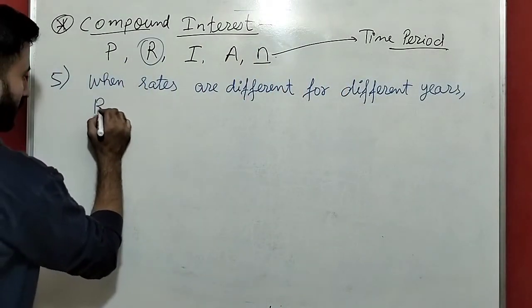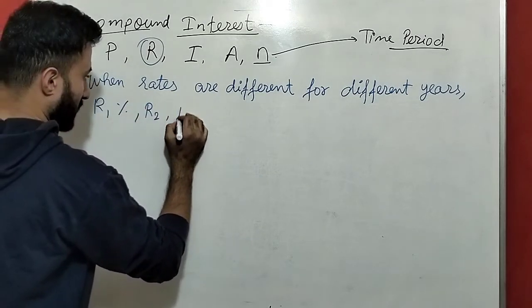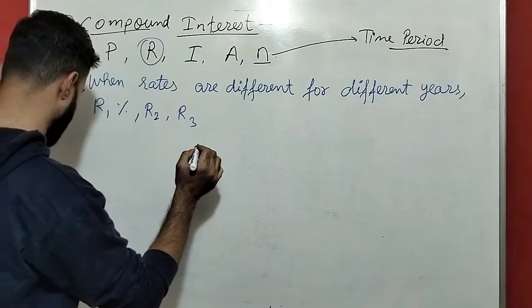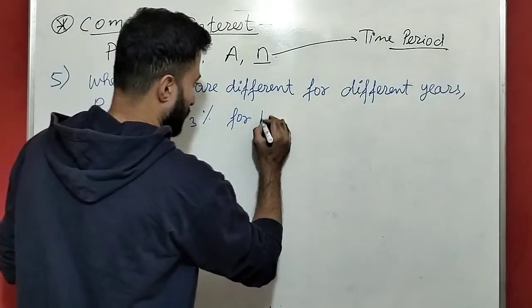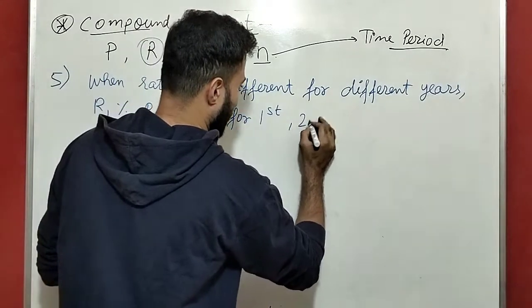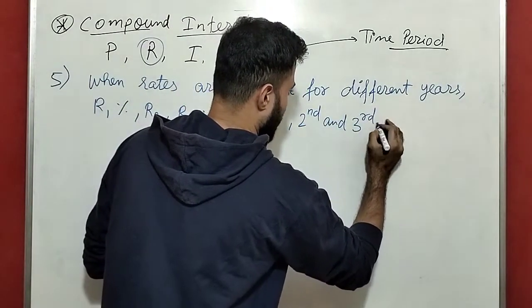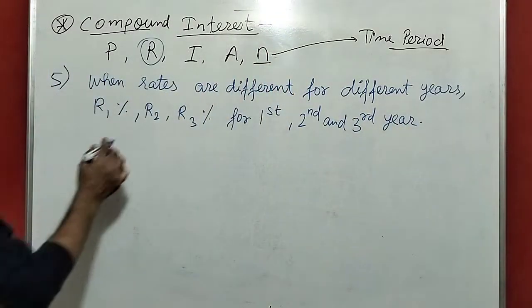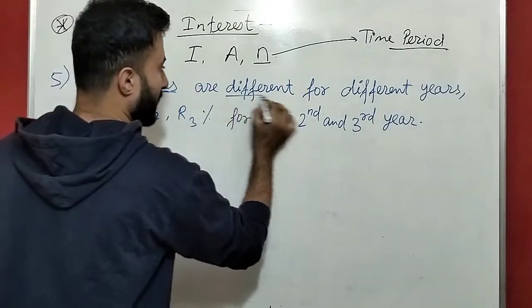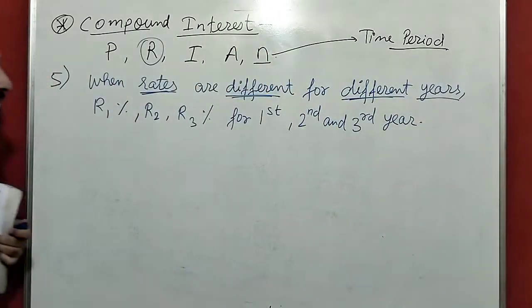Suppose they have given R1%, R2%, R3% for the first, second and third year. When rates are different for different years means, we can see this.